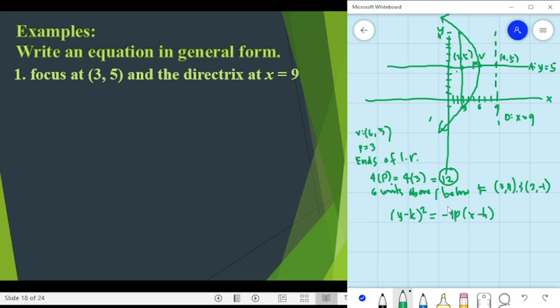If opening to the right, then 4p is positive. For upward or downward, the squared term is (x minus h), and then you have (y minus k). Positive 4p if opening upward, then negative 4p if opening downward. Okay, so you should remember that, right?